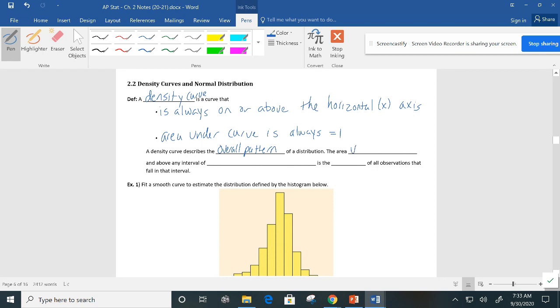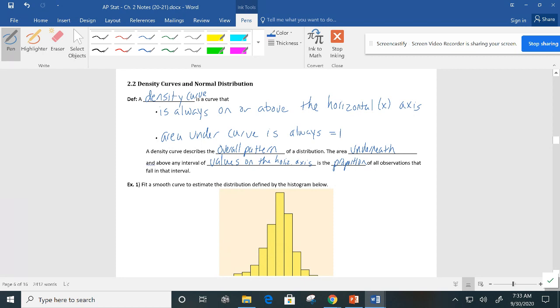And the area underneath and above any interval of the values on the horizontal axis is the proportion of all observations that fall in that interval.